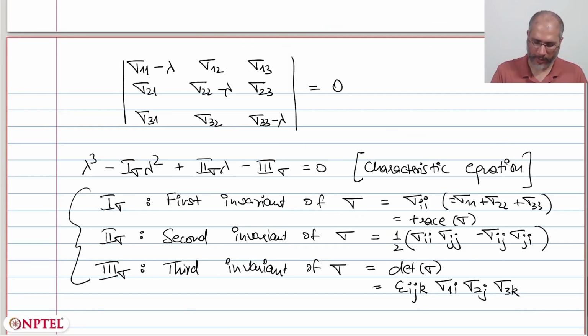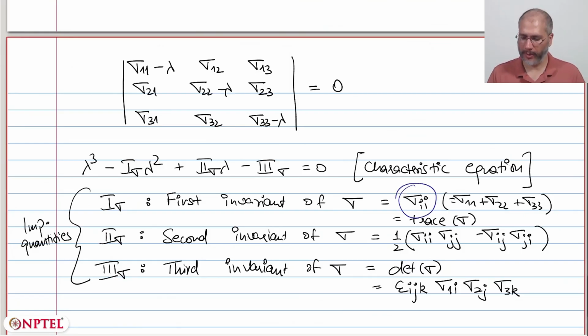So these are important quantities, and it is worth calculating their values for any sigma that you have. And as we discussed, we showed that sigma ii is an invariant.